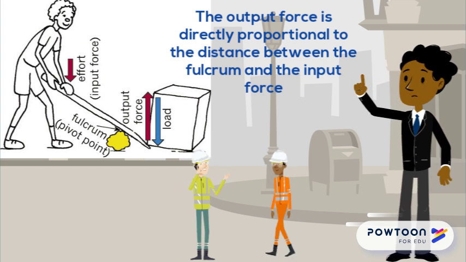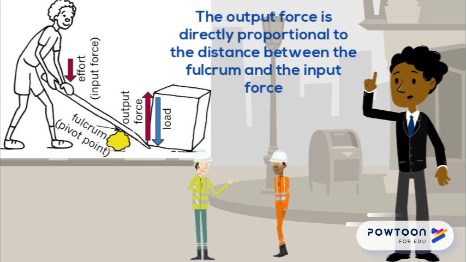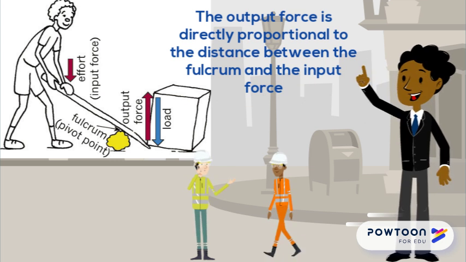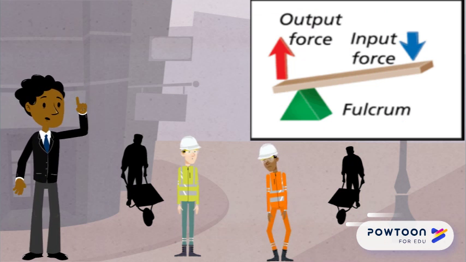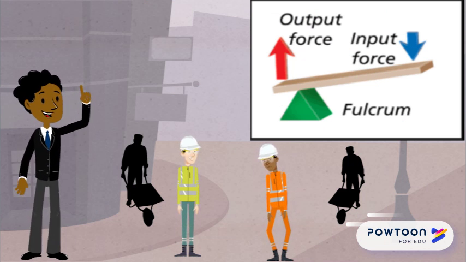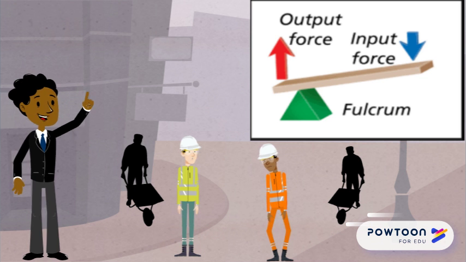In levers, the output force is directly proportional to the distance between the fulcrum and the input force. This means that a small input force can potentially make a big output force. The further the input force is from the fulcrum, the greater the output force, and so the heavier the load that can be lifted.